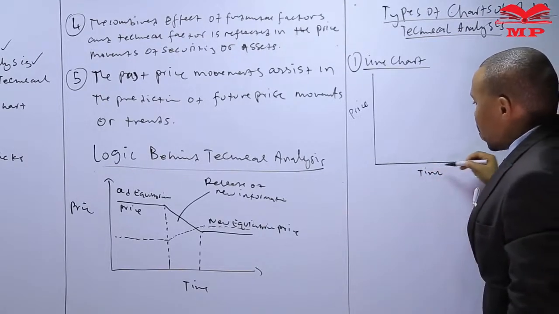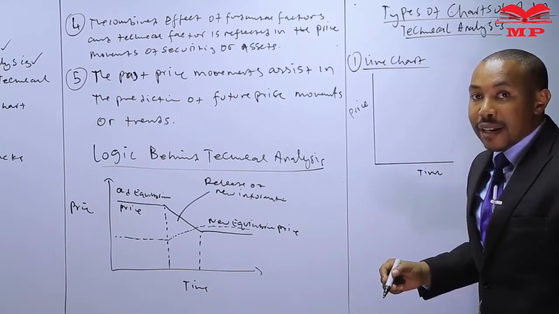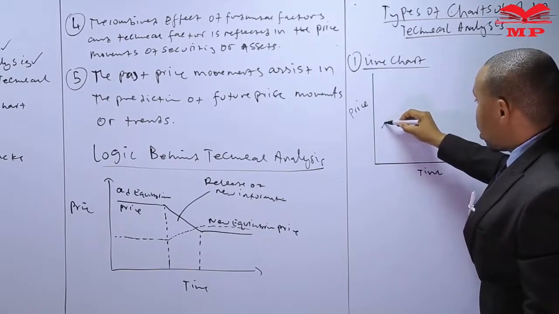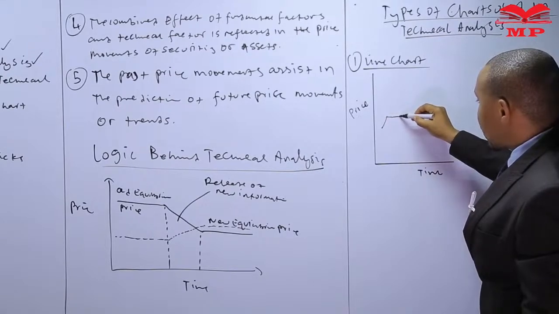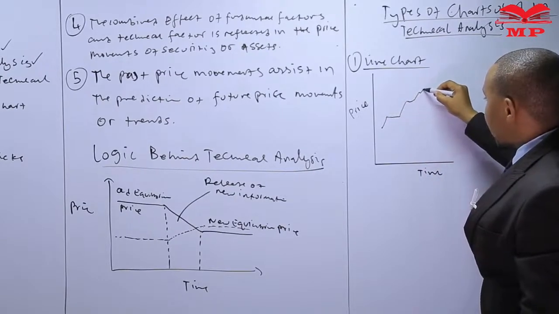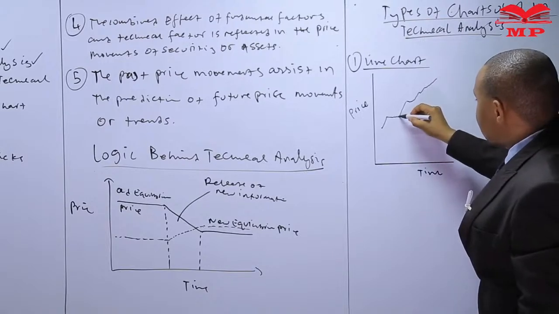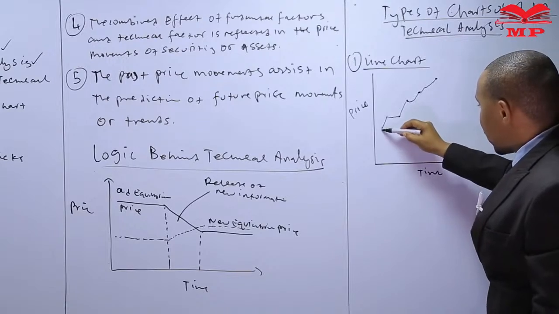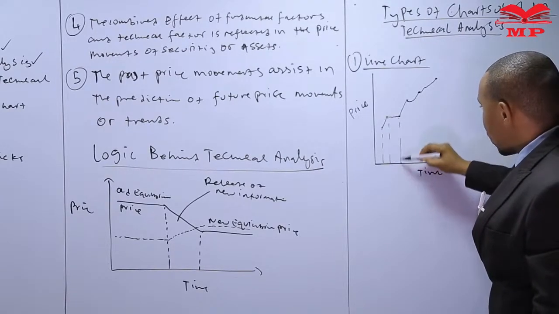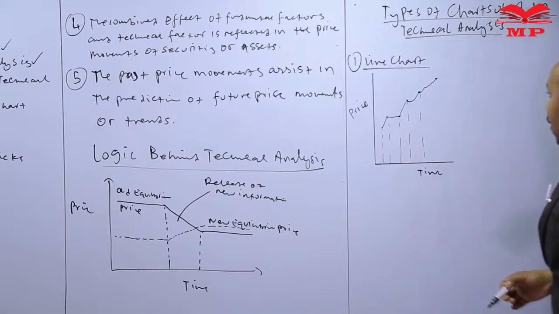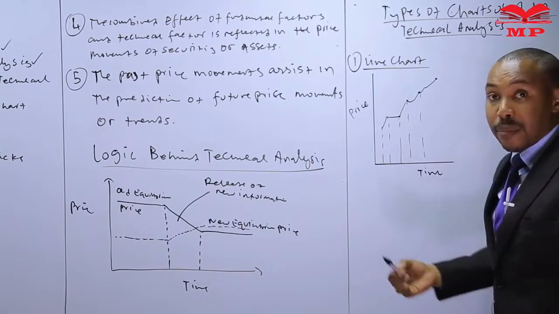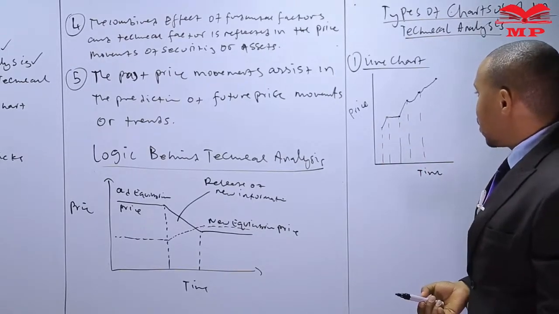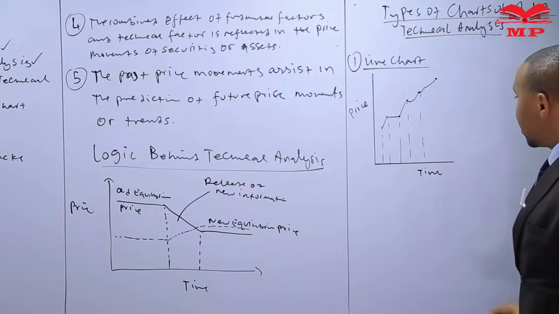And as time goes by, the forces of demand and supply change the price of the security or the asset. So you can begin there, it moves down like that, moves up like that. So we are saying this is a line chart, indicating this as time is moving. This part over here is different from this part, it's different from here, and so on and so forth. That is what you're saying is a line chart. You just plot the prices against the time, and as time moves on, you can plot the security and price pattern.